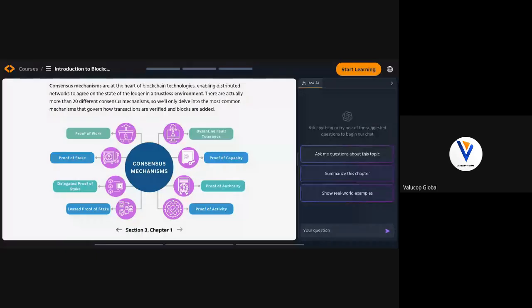Now with proof of work, the mathematical, complex things going on are what secure the network. But in proof of stake, think of savings, like when you save your money in a bank and it earns interest for you.